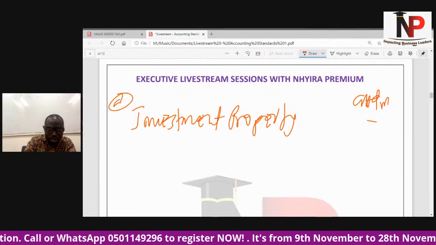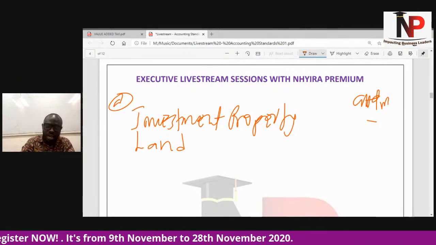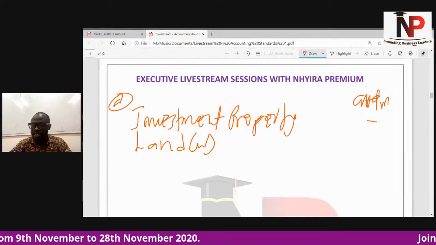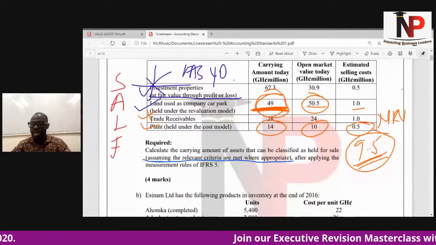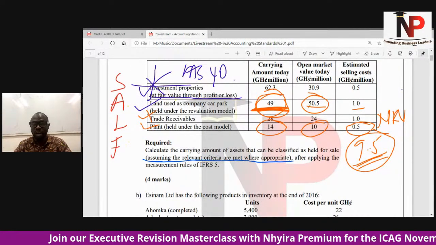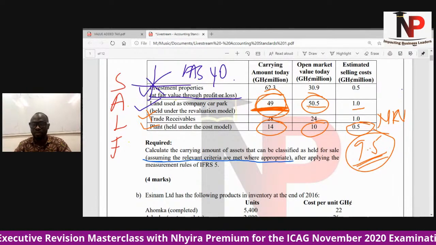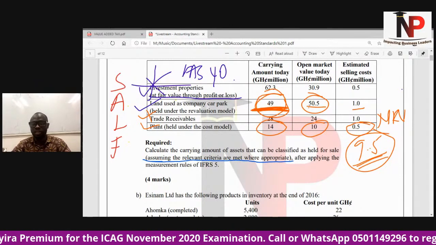Then the land, we did a workings for that. In the slide there, let's go up and pick it up. So we said that 50.5 minus 1 will be 49.5. When we compare 49.5 with the 49, 49 is lower than 49.5.